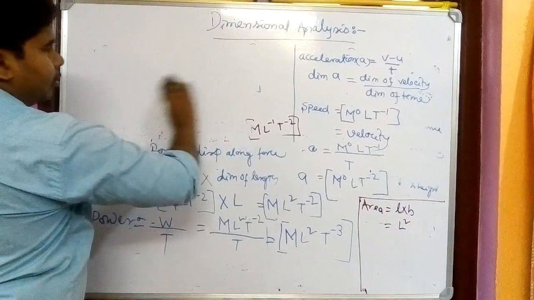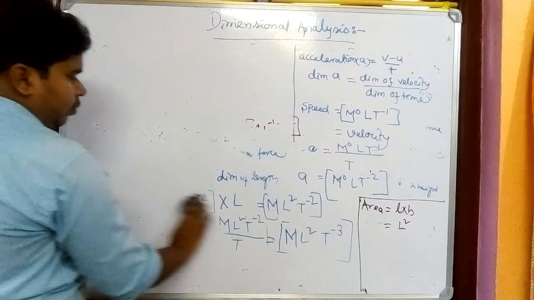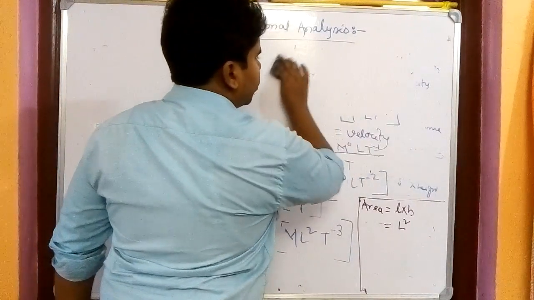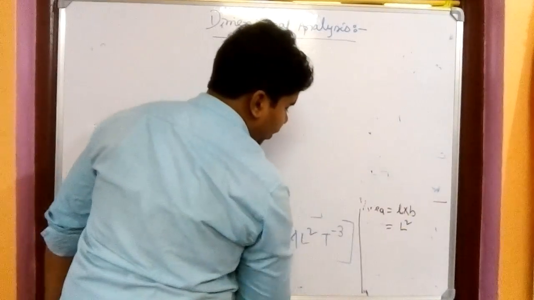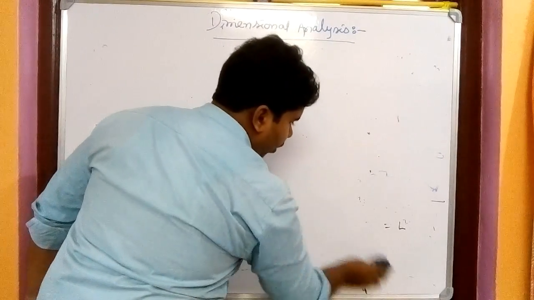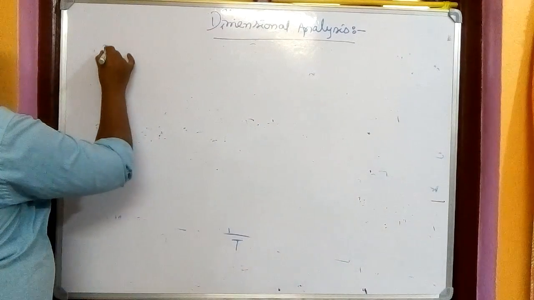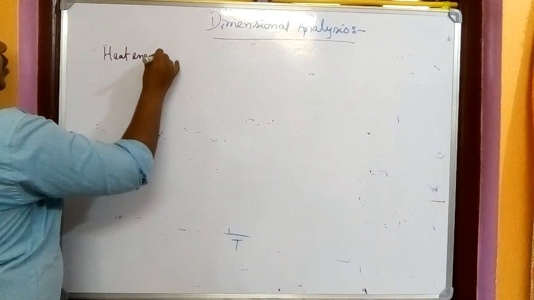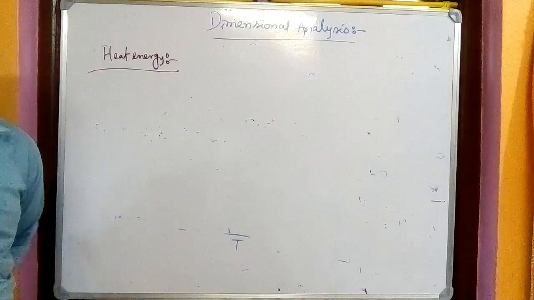Now you have to go on to the heat portion, which is not in the mechanics part. So how can we find the dimension of it? First of all, we have to discuss heat energy. How can we find the dimension of heat energy?